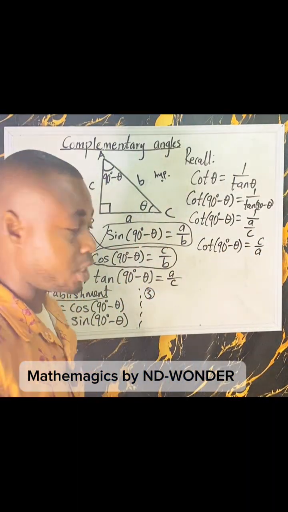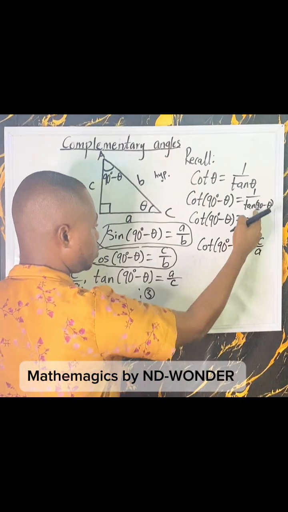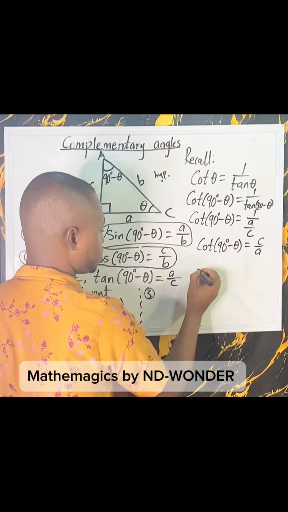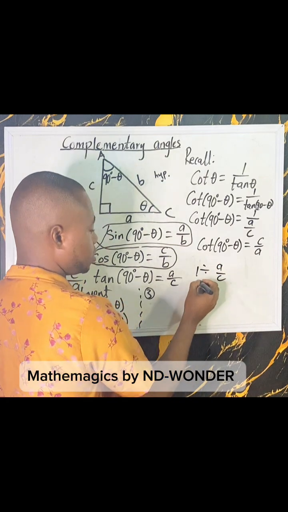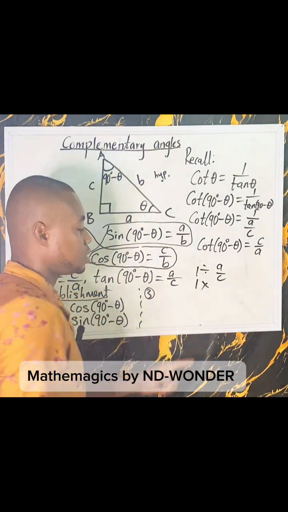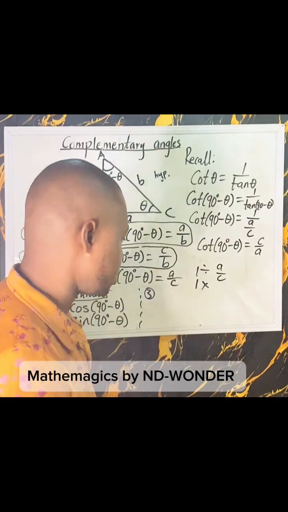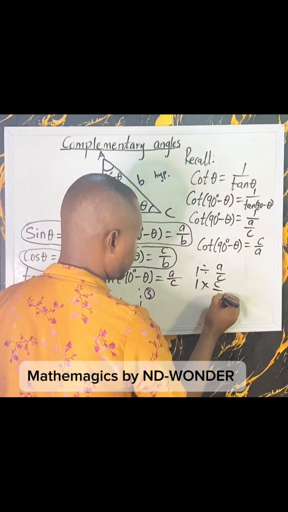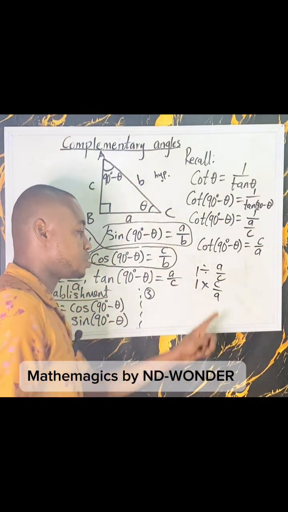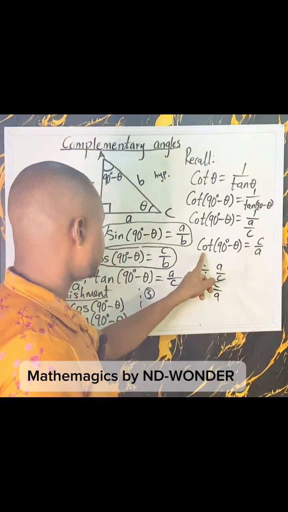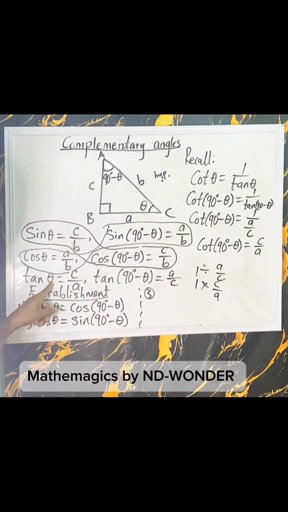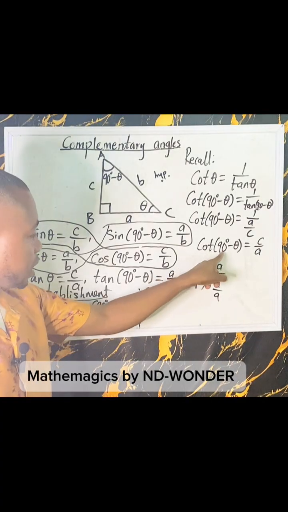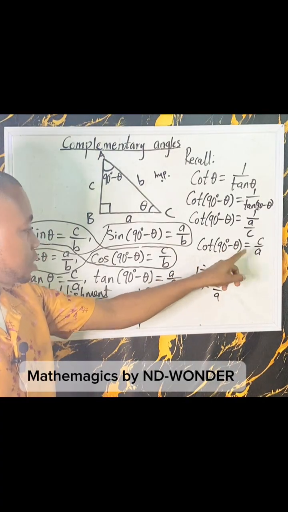Do you want to confirm that? 1 divided by a over c: change the division to times, then the divisor will be inverted. a over c becomes c over a. Of course, 1 times c is c over a. So we can now deduce by our establishment that tan theta is the same as cot 90 degrees minus theta.